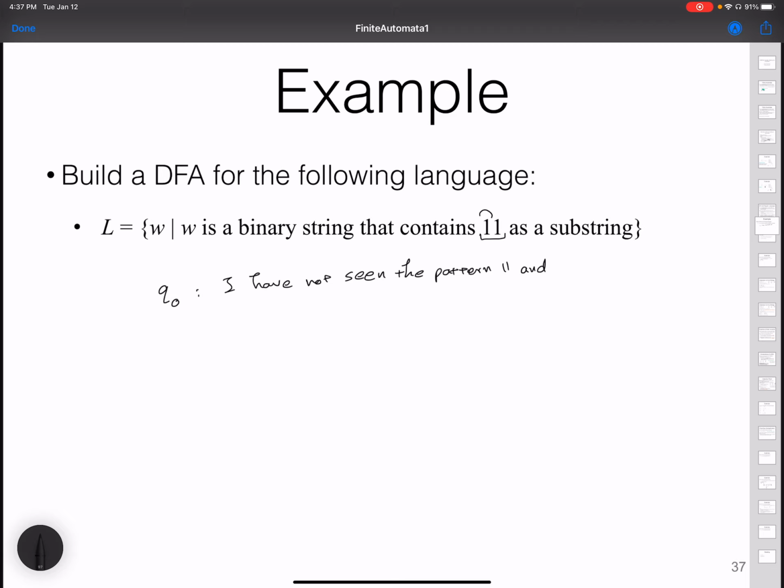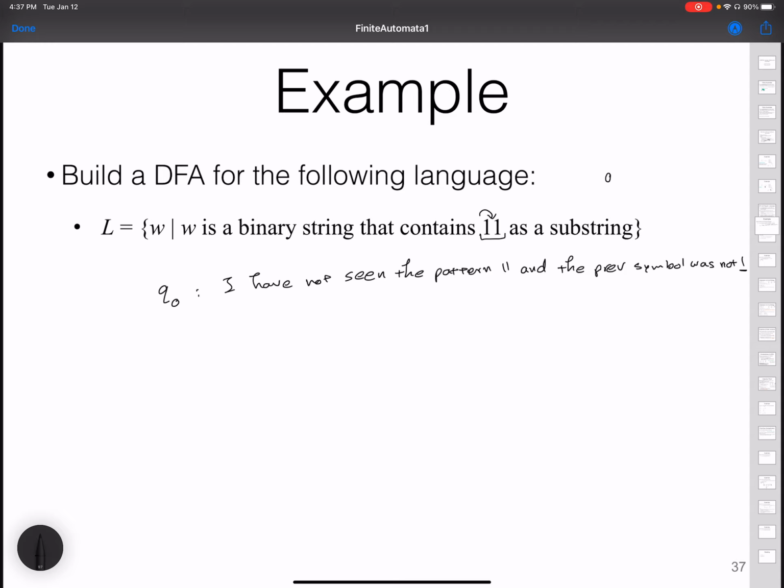It's going to be different than when you haven't seen the previous input string that you have seen is going to be 0, right? So I'm going to write down here as well that I haven't seen the pattern 1, 1, and the previous symbol was not 1.